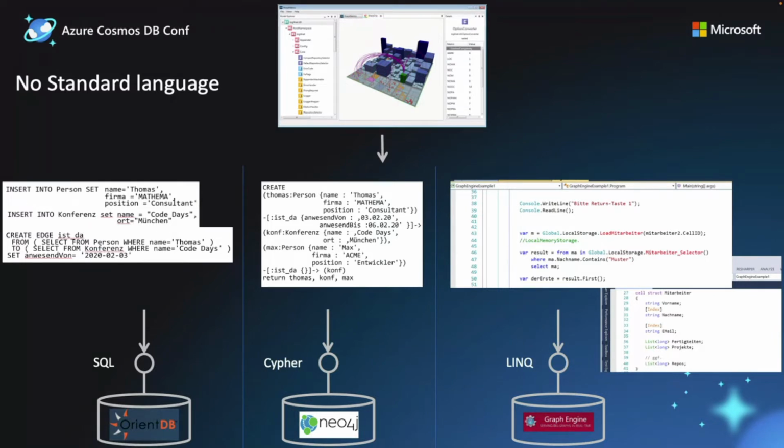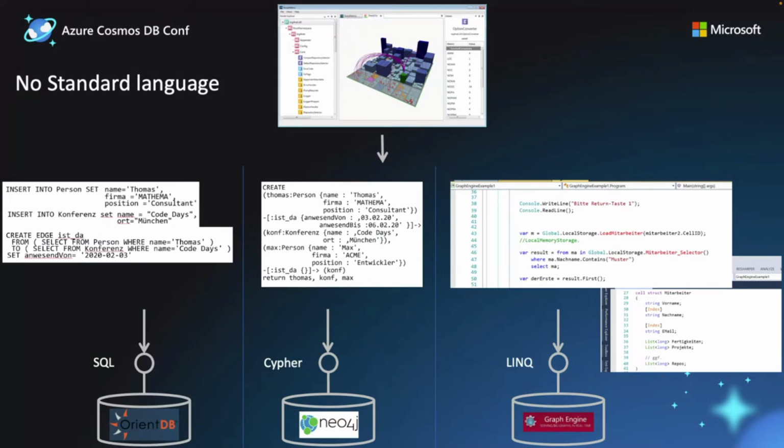And the third example I've given here is the Graph Engine, which is a research graph database implemented by Microsoft. They are using an IDL-like language, which is compiled into .NET code so that later on LINQ can be used to query objects. But all these languages are very, very different from each other. So this was not the goal or the language I would wanted to use.